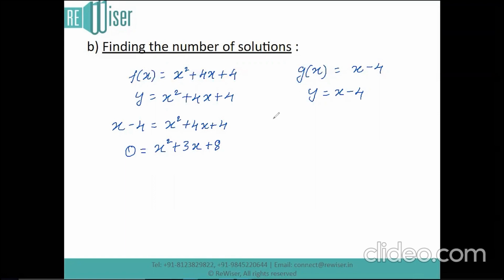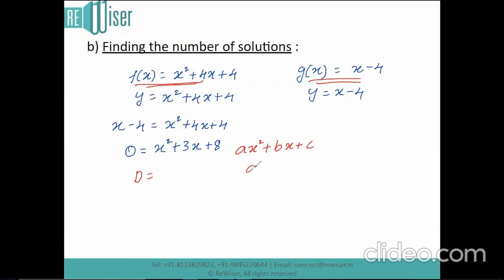Now to check at how many points f of x and g of x intersect, I can find the discriminant. Comparing with the general expression ax square plus bx plus c, a is 1, b is 3, and c is positive 8.